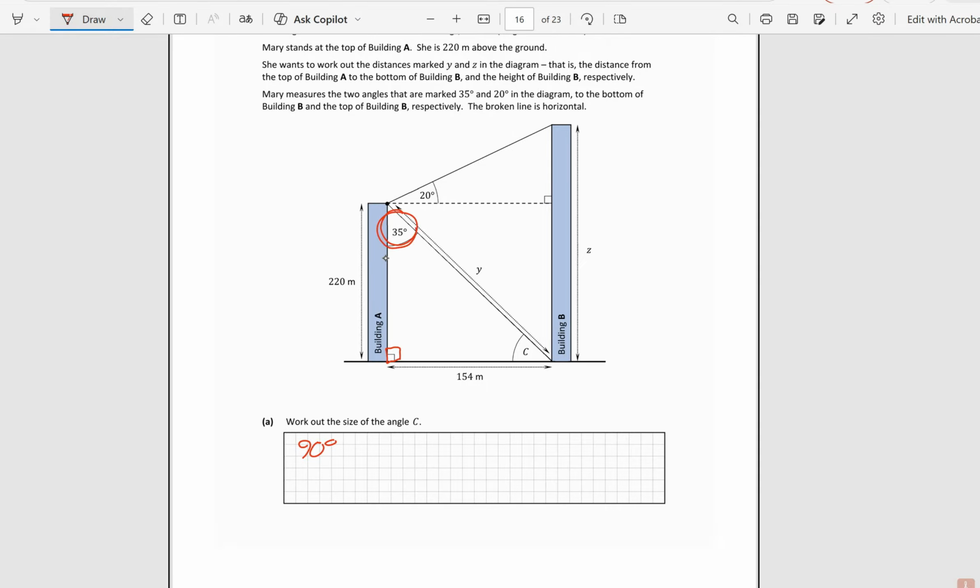And they tell us this one is 35. So if we add them and take them away from 180, we'll get this. Why? Because this and this and this is the three angles of a triangle, and they must add to 180. So 90 plus 35 is 125. And take that away from 180 and we get 55 degrees.